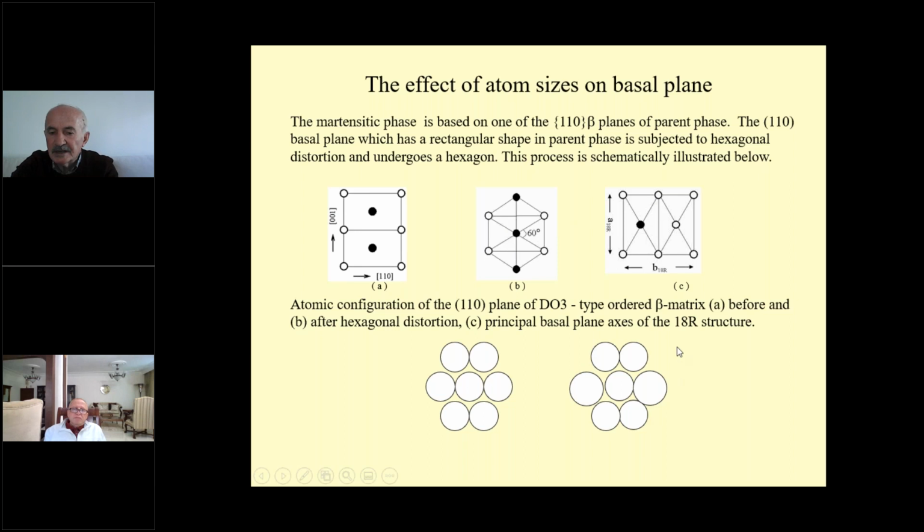In the ordered case, atomic distribution is regular and neighbor atom sizes are different, and deviations occur from the regular hexagonal arrangement due to the atom size differences.